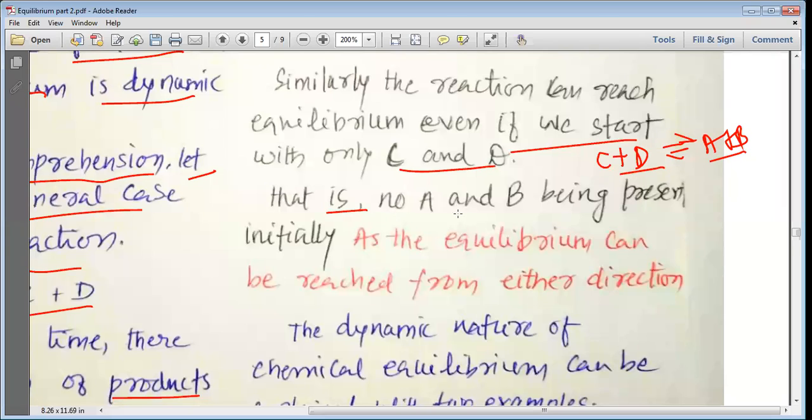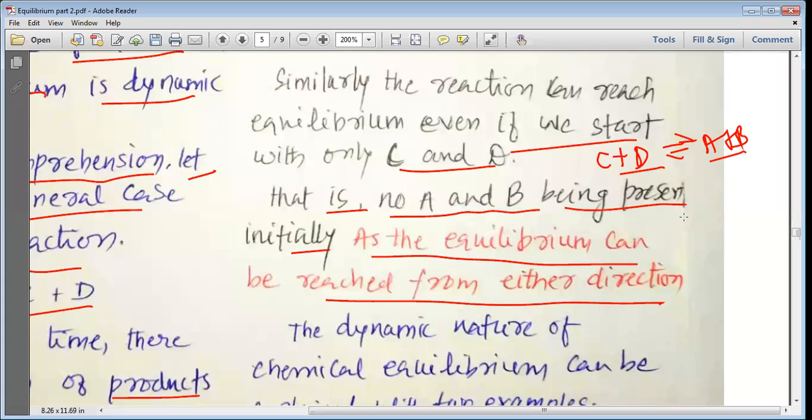That is, with no A and B being present initially, as the equilibrium can be reached from either direction.